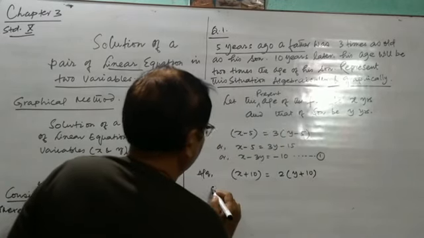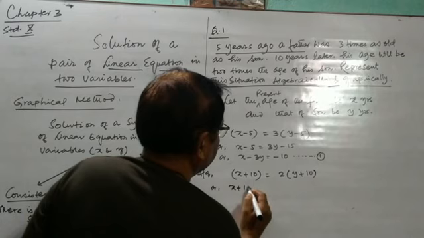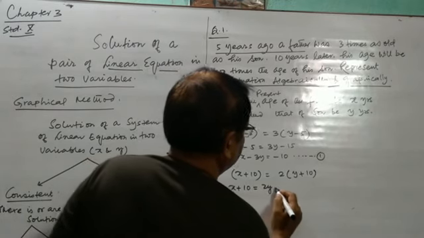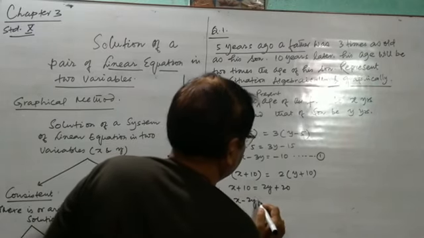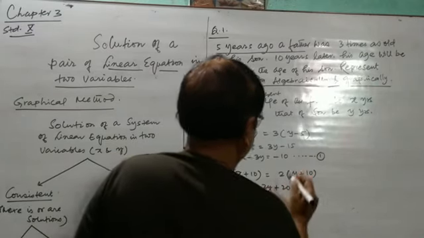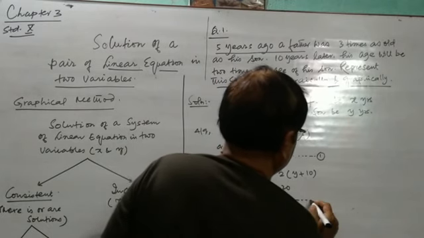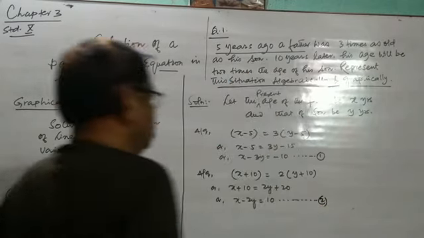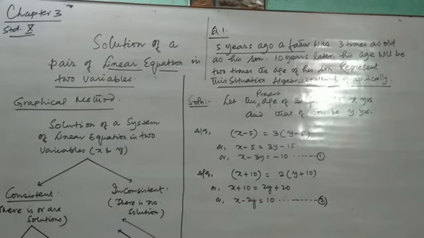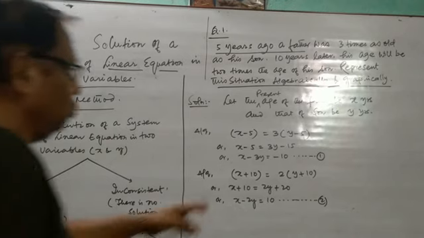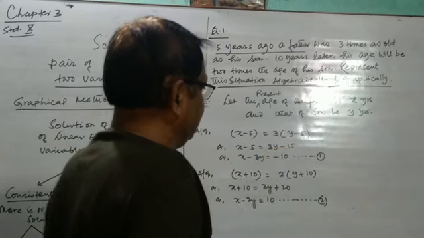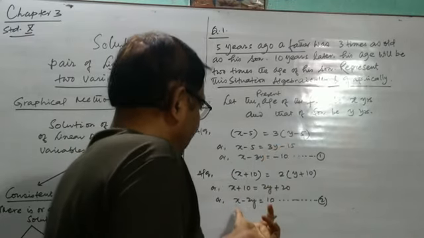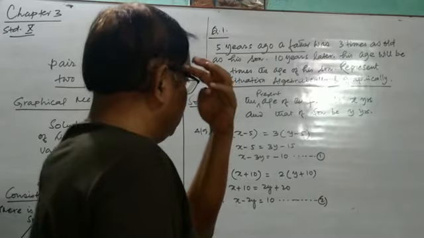So X plus 10 is equal to 2y plus 20, or X minus 2y is equal to 10. This is equation number 2. So we have represented the system of equations algebraically: X minus 3y is equal to minus 10 and X minus 2y is equal to 10.